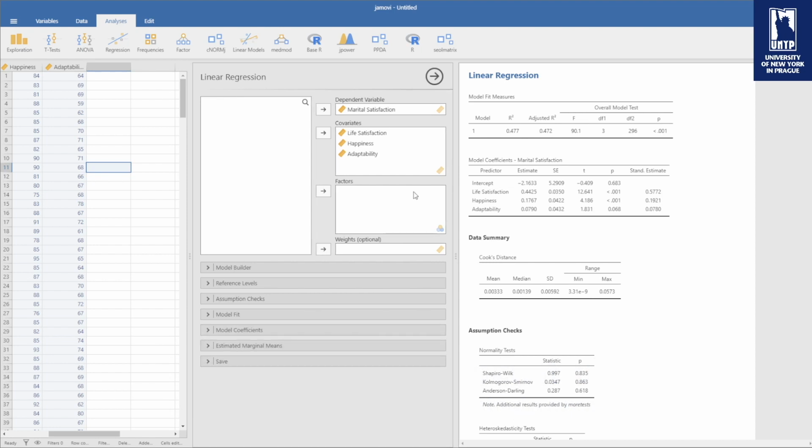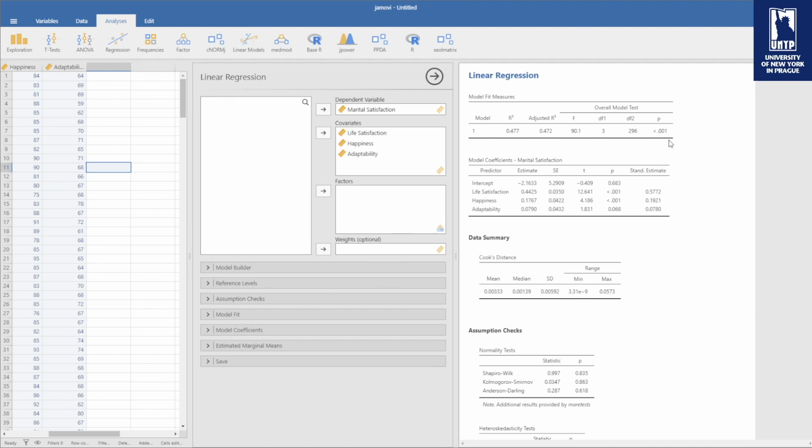So, as you can see from this table over here, which has all the predictors regressed on our outcome at the same time, we have a significant result, meaning that all our predictors, life satisfaction, happiness, and adaptability, can significantly predict marital satisfaction. And what about the variability?